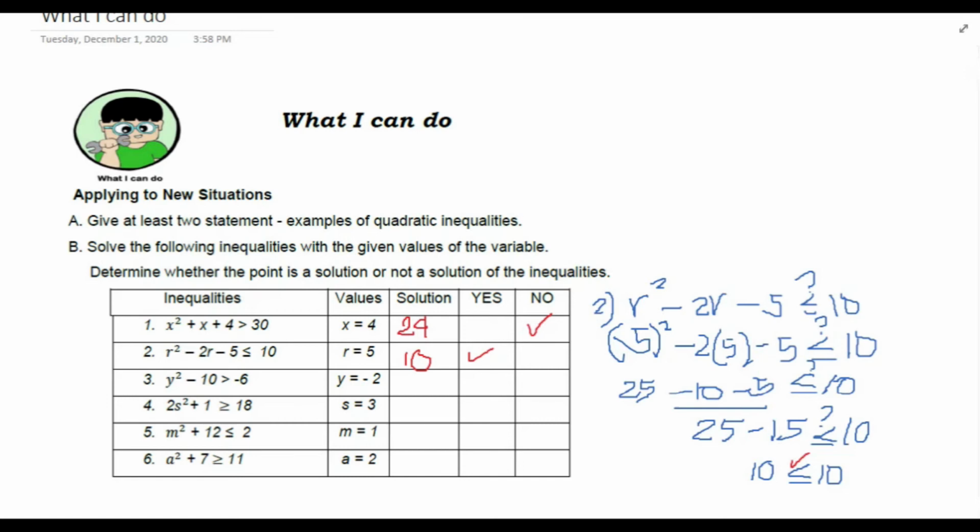And then if you have the answers for number 3 to 6, just comment your answers and I will tell your teacher that you have answered this section of your self-learning module. So what you're going to do, you write your name, then section, solution equals, for example, 24, like this one. I'm going to show you how you do it.